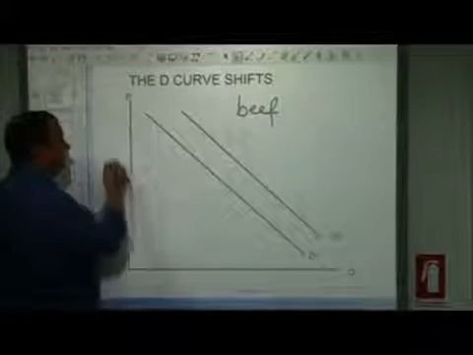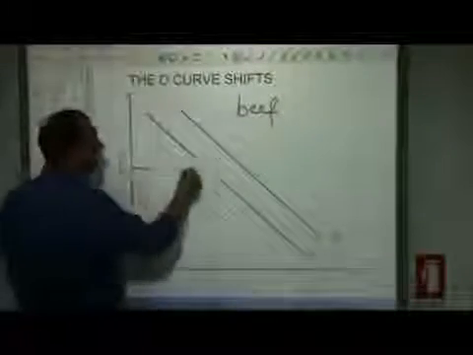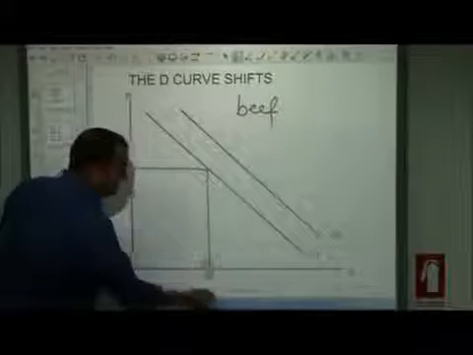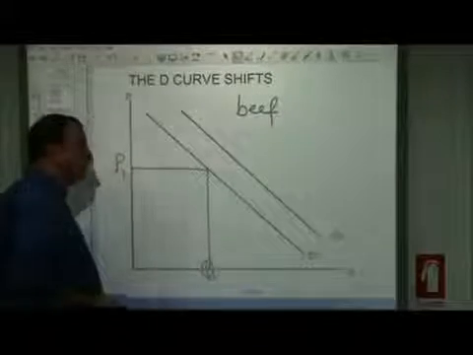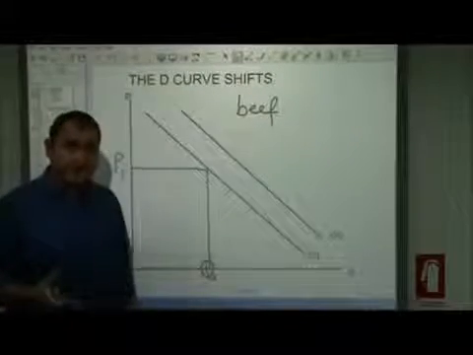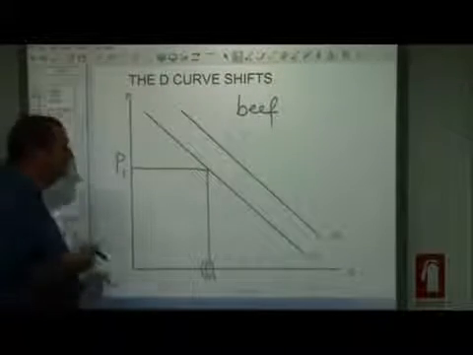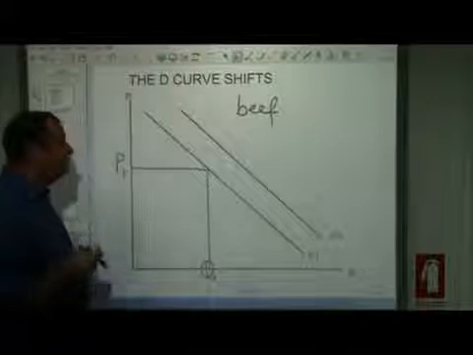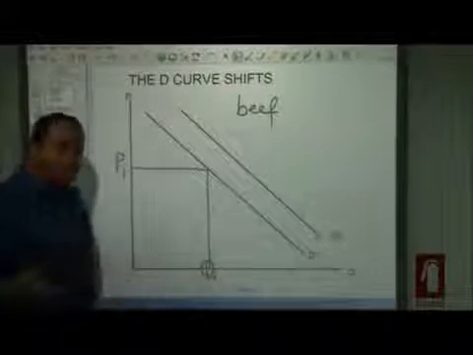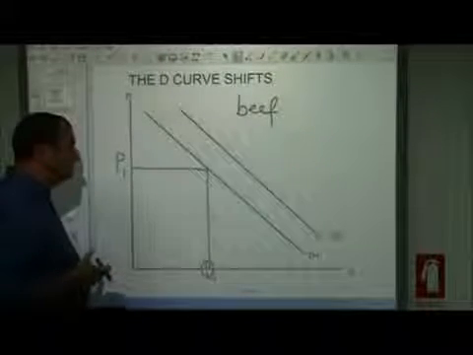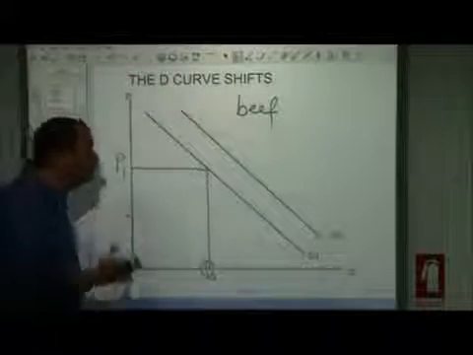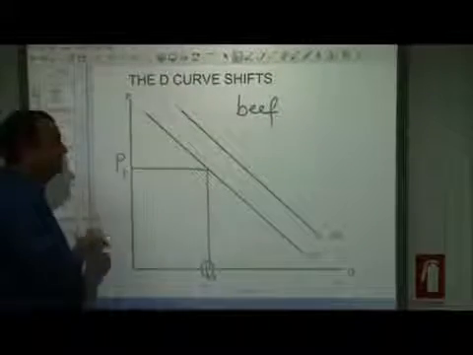For example, this price here, let's call it P1. At price P1, we can read off initially quantity Q1 of beef was being demanded. But that does not have to remain so. Something may change, some other factor than price may have changed, which has led to a change in how much beef will get demanded at price P1.